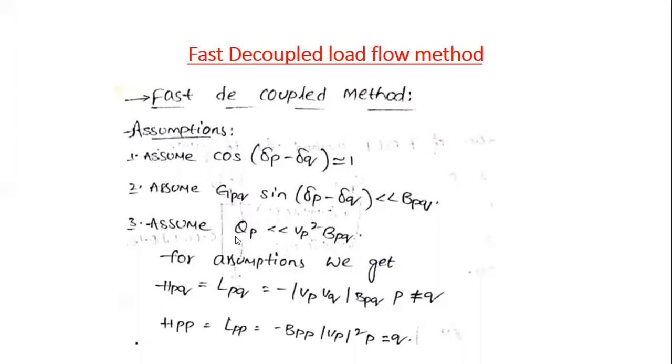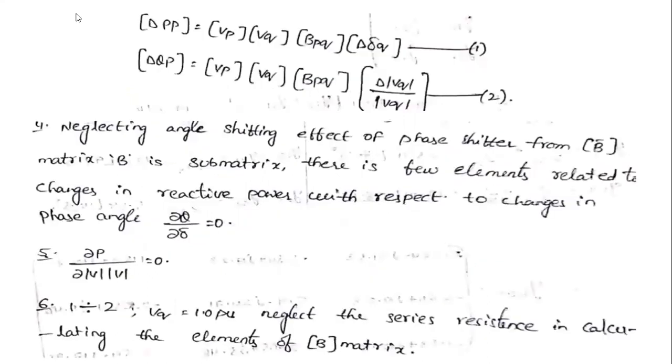Next assumption, Q_P is less than V_P squared B_PQ. From these assumptions we get H_PQ equal to L_PQ, equal to minus V_P V_Q B_PQ, where P is not equal to Q. And H_PP is equal to L_PP, equal to minus V_P squared B_PP, for P equal to Q.